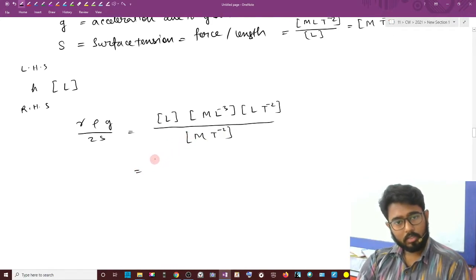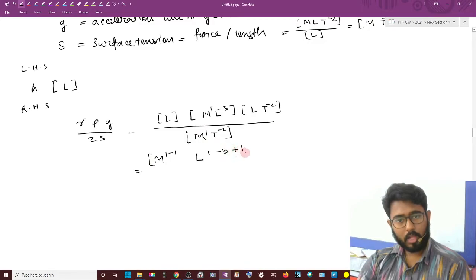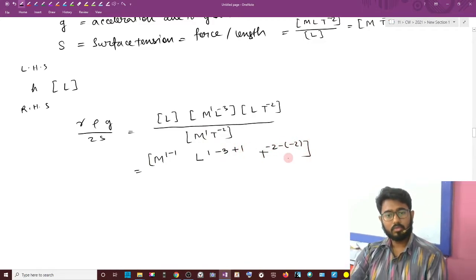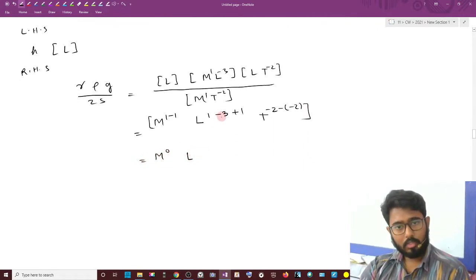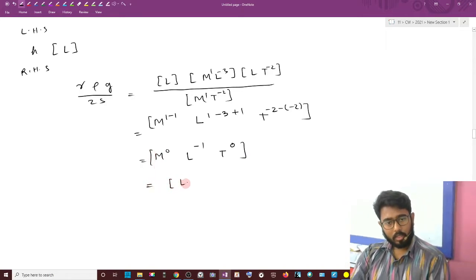So we will get m to the power 1 minus 1, L to the power 1 minus 3 plus 1, t to the power minus 2 minus of minus 2. So it will be m to the power 0, L to the power 2 minus 3, that will be minus 1, t to the power 0. So we are getting L to the power minus 1.